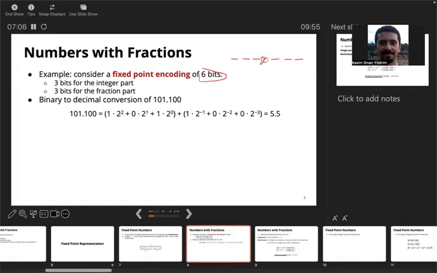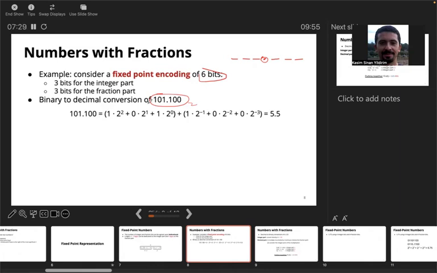As you see, the point is fixed. That's why I say fixed point. Let's say I have this number in fixed point representation, 101.100. This is a fixed point number in binary, base 2.